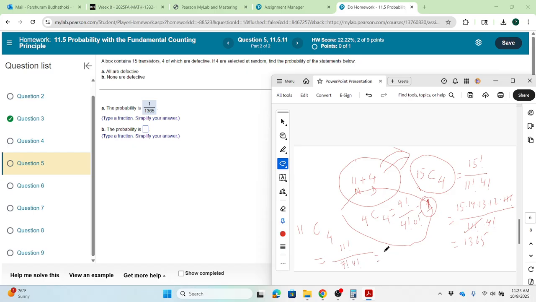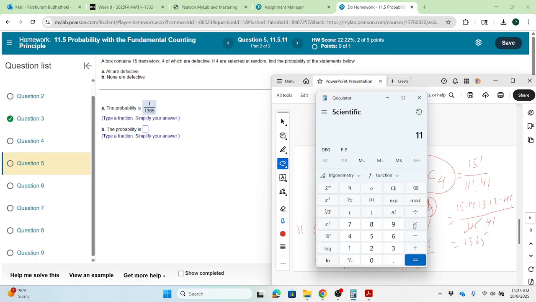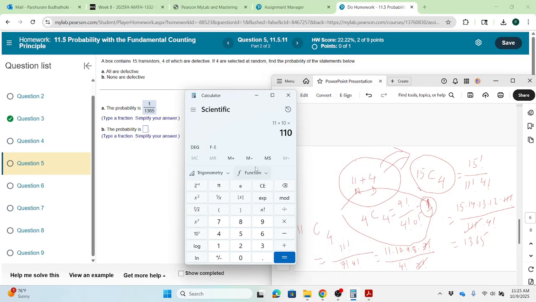If you do this math, it's 11 times 10 times 9 times 8 times 7 factorial over 4 factorial 7 factorial. The 7 factorials cancel out. Just do 11 times 10 times 9 times 8 divided by 24, because 4 factorial means 24.